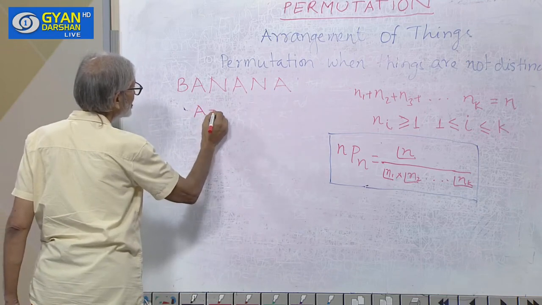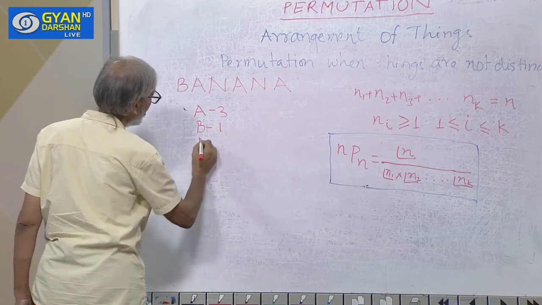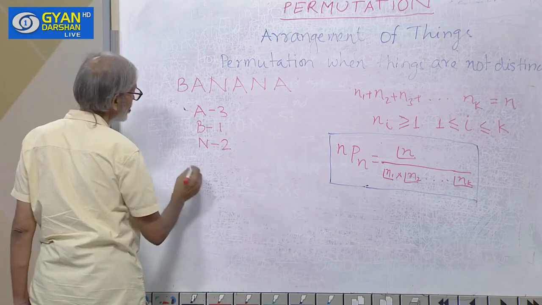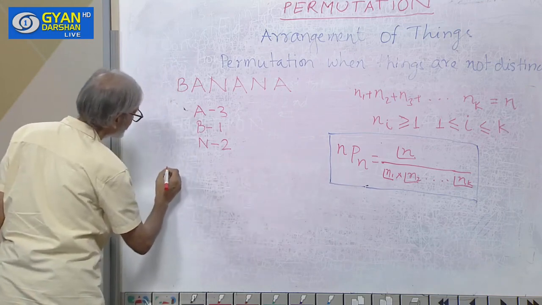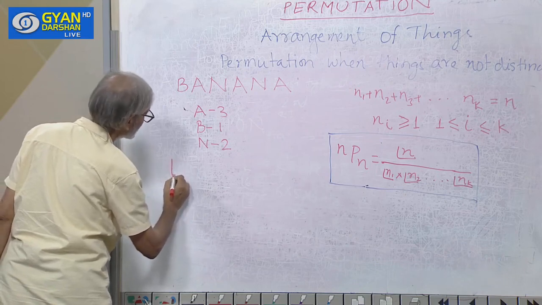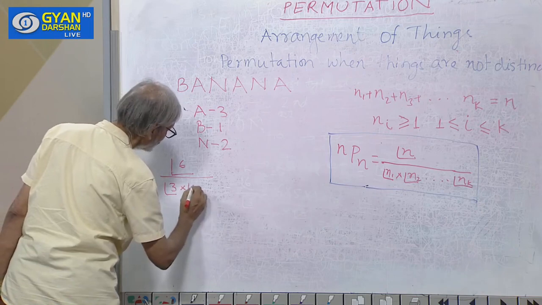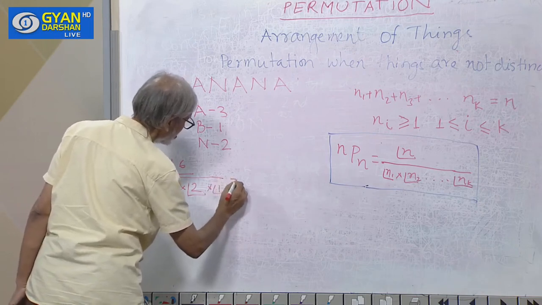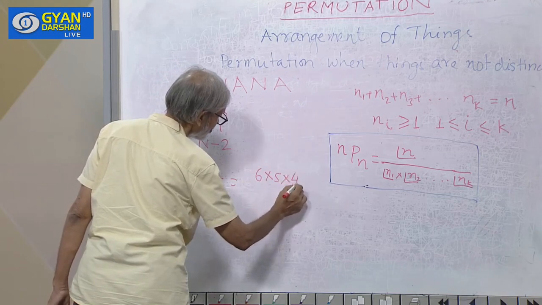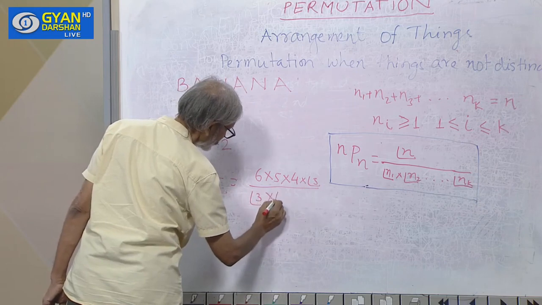Here A is again 3, and then B is 1, N is 2, so according to this formula, the number of 6 letter words will be equal to factorial 6 divided by factorial 3 into factorial 2 into factorial 1, which will be 6 into 5 into 4 into factorial 3, and here factorial 3 into factorial 2.